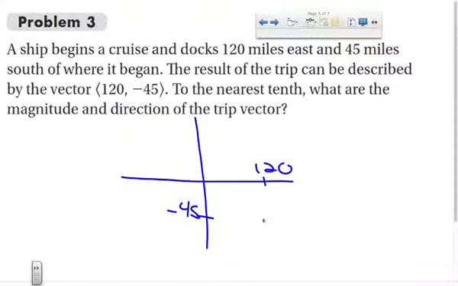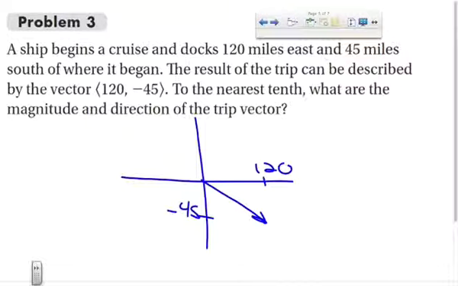My vector is there. Now I'm being asked for the magnitude and direction of the trip vector. A question that may be sitting in some of your minds may be, okay, Mrs. Cox, I get how to come up with the magnitude, but what direction are they asking of me?